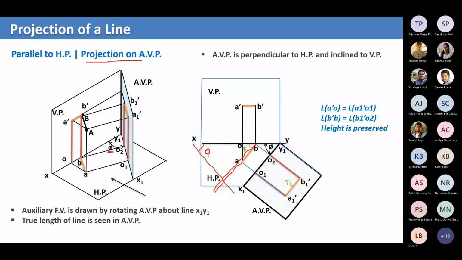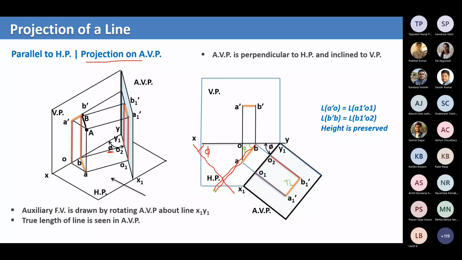That is the reason here: this line AB is parallel to the horizontal plane, and when you project it onto the horizontal plane, you get the true length, AB. This AB is also the true length. So whenever a line is parallel to a plane and you project that line onto that plane, only then will you get the true length of the line.